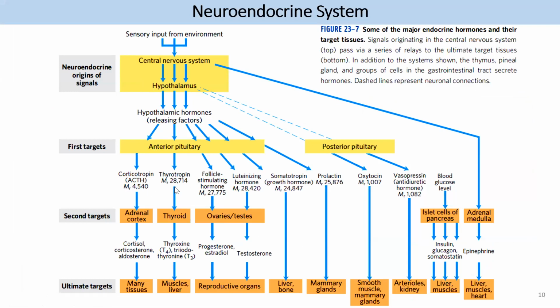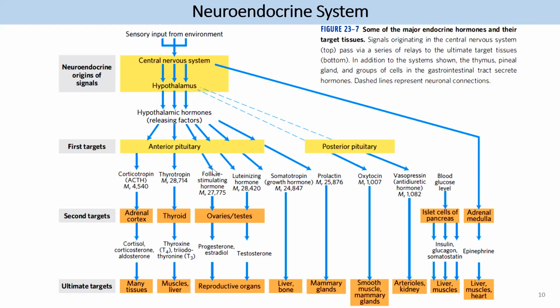You don't have to look at the abbreviations, we can just look at the names for now. Corticotropin, which is also called ACTH, thyrotropin, FSH, LH, somatotropin, and prolactin. All of these are released by the pituitary. And then there is the posterior pituitary, which releases another set of hormones, oxytocin and vasopressin.